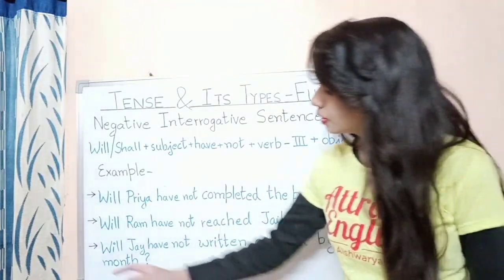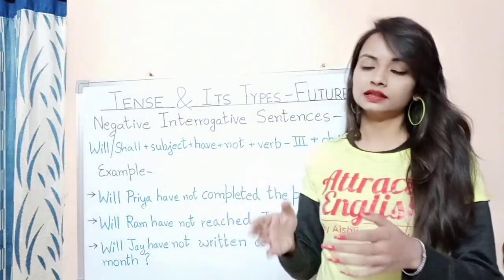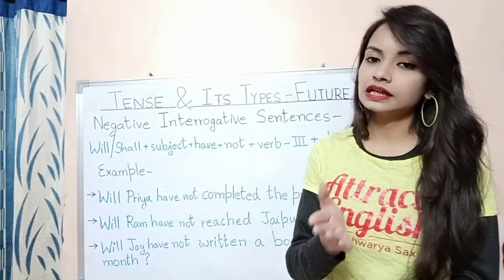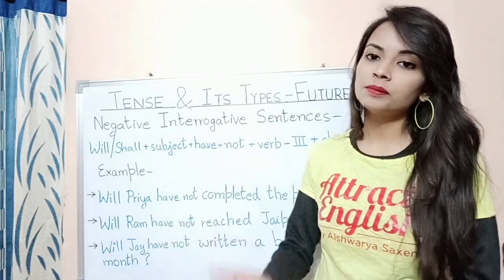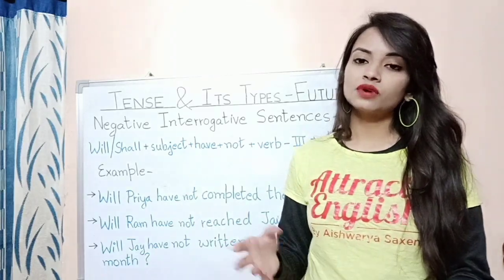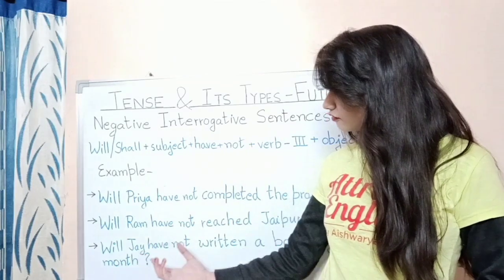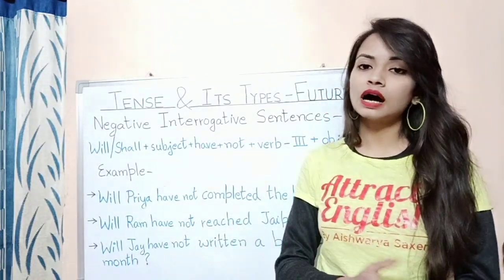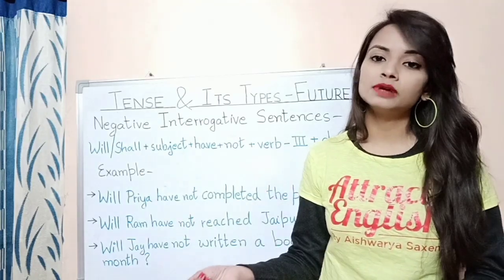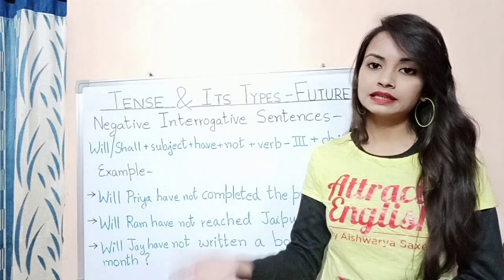Earlier it was will Jay have written a book by next month? And while writing that sentence, I wanted to ask if by next month Jay will be able to completely write his book. But now since I am writing will Jay have not written a book by next month, I want to ask if he will not be able to complete or write his book by next month.